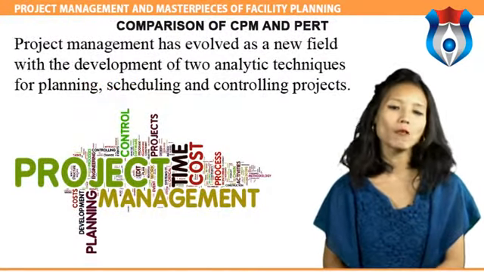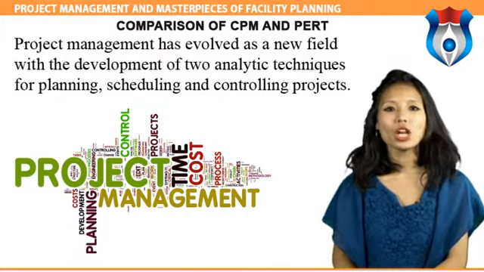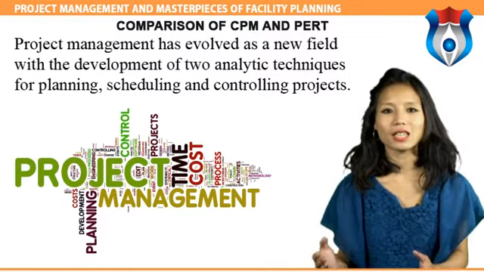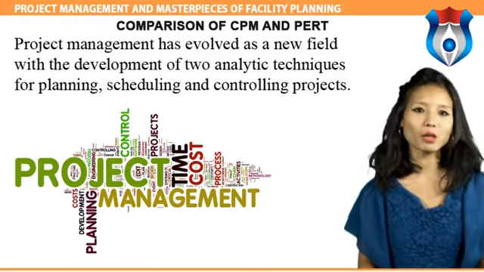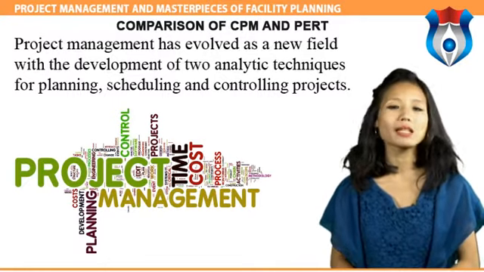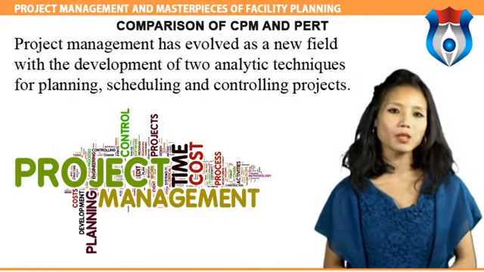Let's note the meaning and comparison of CPM and PERT. Project management has evolved as a new field with the development of two analytic techniques for planning, scheduling, and controlling projects. These are the CPM and the PERT. The PERT and CPM are basically time-oriented methods in the sense that they both lead to the determination of a time schedule.